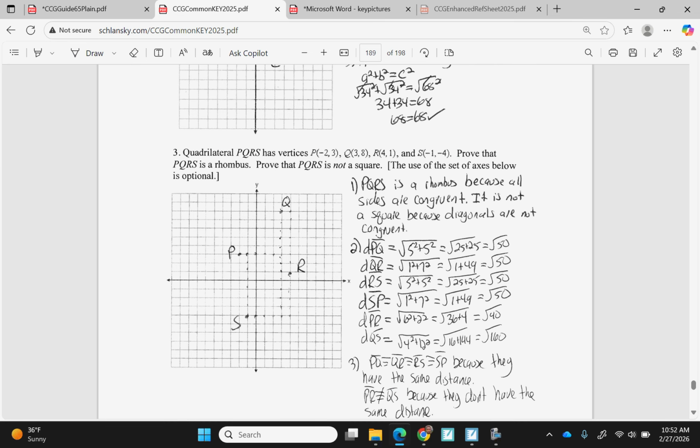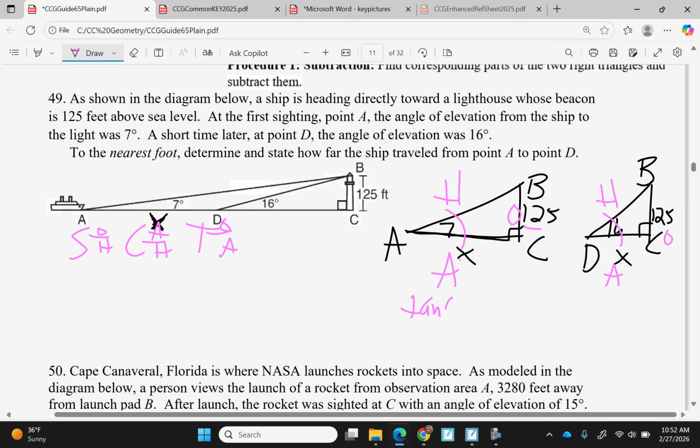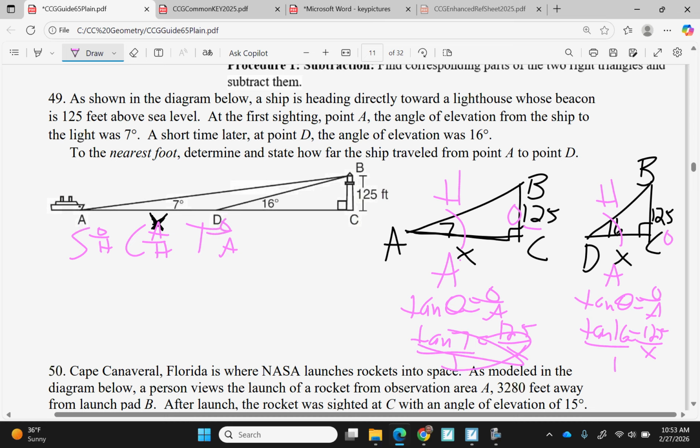So I have tan theta equals O over A. I have tan 7 equals 125 over X. I have tan 16 equals 125 over X. I'm just going to move them into space. I cross multiply and solve each of them. So I have X tan 7 equals 125. I have X tan 16 equals 125.